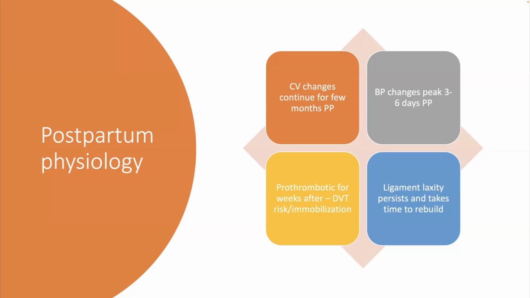Like we talked about, the relaxin and the estrogen numbers drop off, but the effects they have on the ligaments and the body are not immediately reversed. It takes a lot of time to rebuild. So I try to stress to especially the runners to focus on pelvic floor strengthening, but work up gradually back to the mileage you were at.